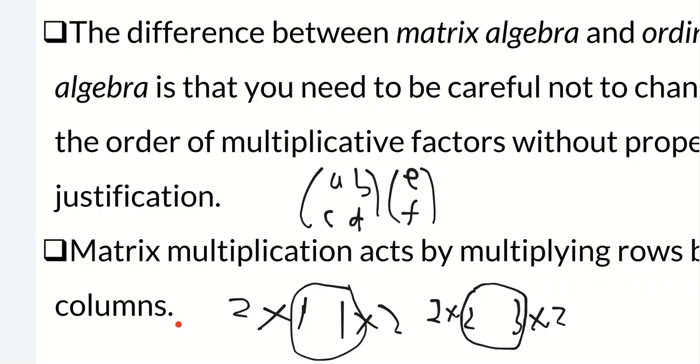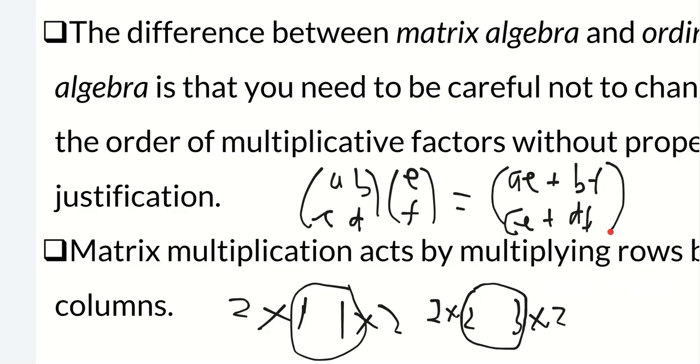So I pick my rows, and they act on the columns. This will multiply this, I have A, E. Then this will multiply this, then I add it, which is B, F. Then for this row, C, E, plus D, F. So this is what we've been doing, where the rows act on the columns.